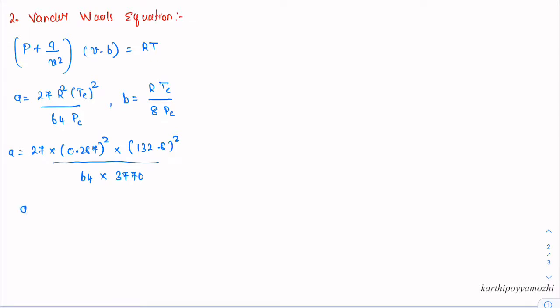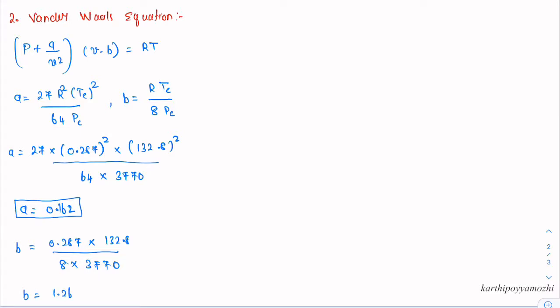On calculation, the value of a is being calculated as 0.6162 and the value of b is being calculated as R is equal to 0.287 into Tc is 132.8 divided by 8 into critical pressure is 3770 kilonewton per meter square, and the value of b is being calculated as 1.26 into 10 to the power of minus 3.